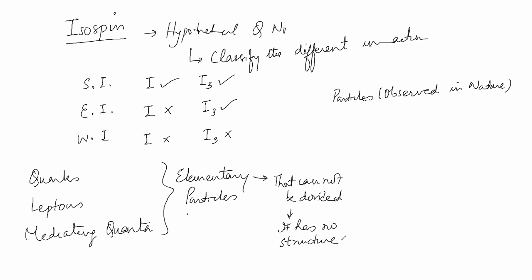Therefore, quarks, leptons, and mediating quanta. What are the quarks? Up, down, charm, strange, top, bottom, and then their anti-particles, U bar, D bar, C bar, T bar, B bar, and S bar.